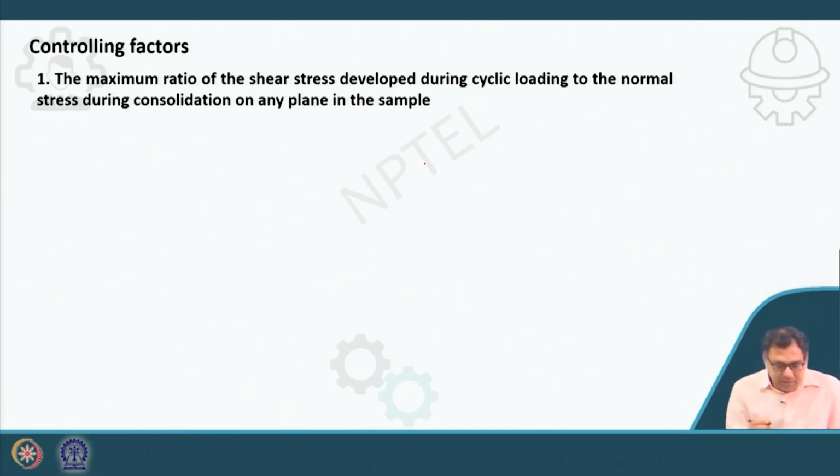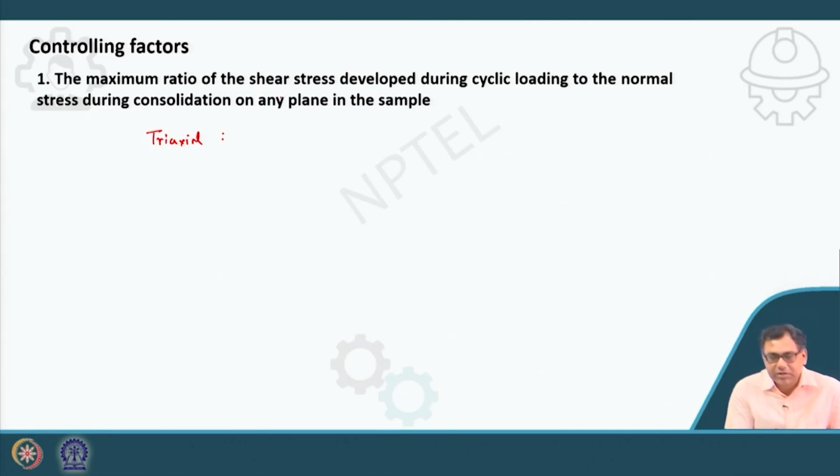Now if this is the condition, we have two cases. First, triaxial: what is the shear stress developed during cyclic loading? It is a ratio. Why the maximum? Maximum means the maximum shear stress developed.